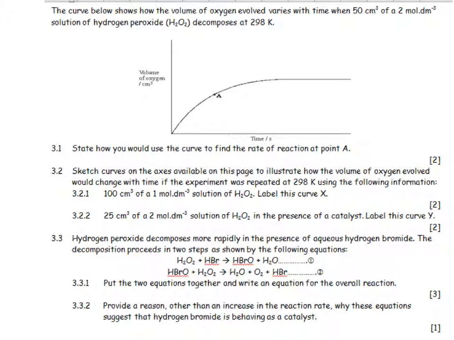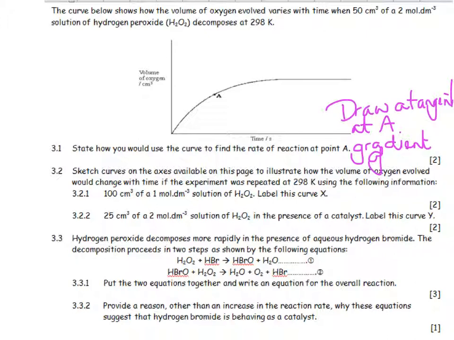So many of you said to me gradient, which was very nice, but unfortunately it can't get you 2 marks. You need to say draw a tangent at A and get the gradient of the tangent at A. That's how you're going to determine the rate of the reaction.